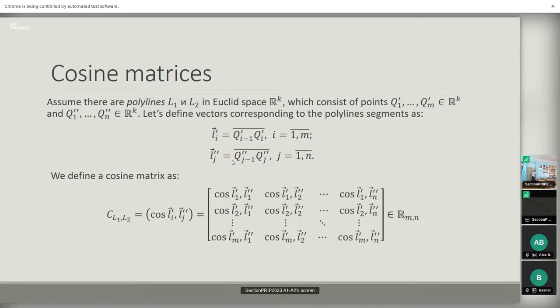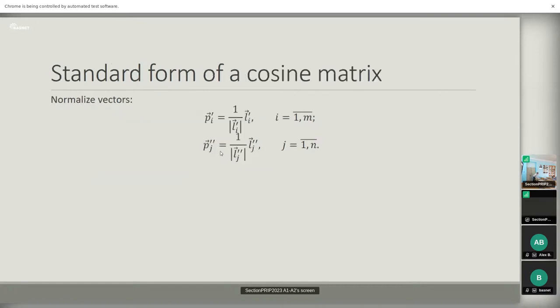Then we can define vectors which correspond to segments of these polylines and put the cosines of angles between these vectors into a matrix. Generally speaking, it would be rectangular. What can we do?